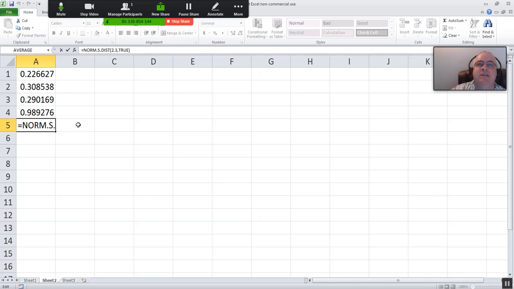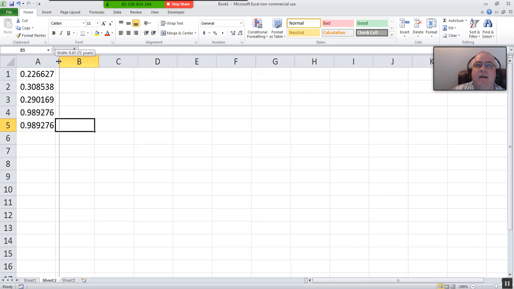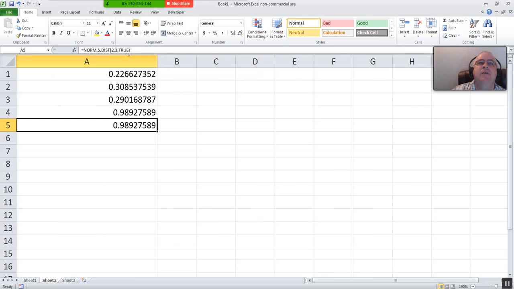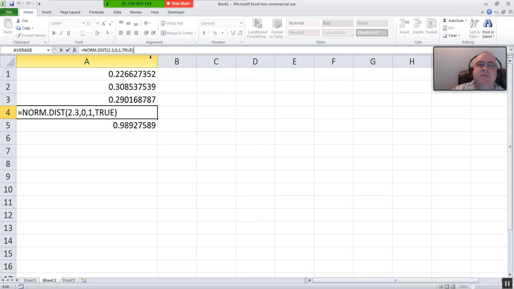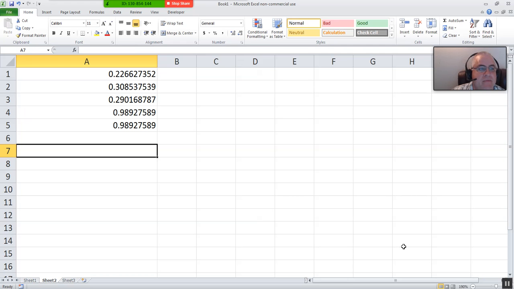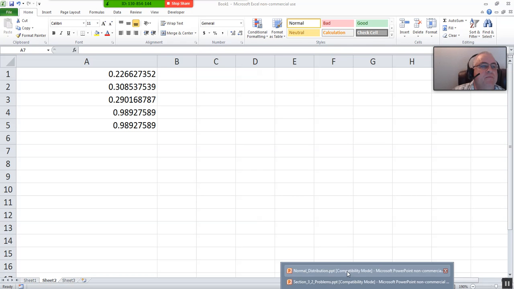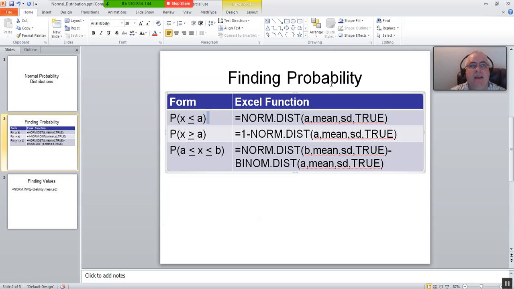I don't really use it that much, that's why I'm not very familiar with that. You see, this is how the function looks versus this right here. I don't think it's that hard to put 0 and 1 in, so I tend to just use that function on the calculator. Now that's finding our probability. Again, remembering standard normal means your mean is 0 and standard deviation is 1, even though they don't give it to you.